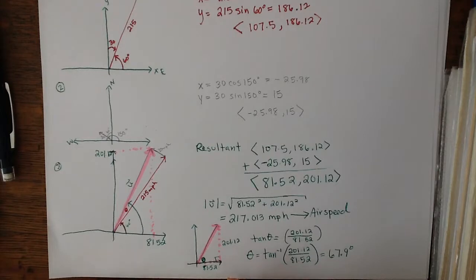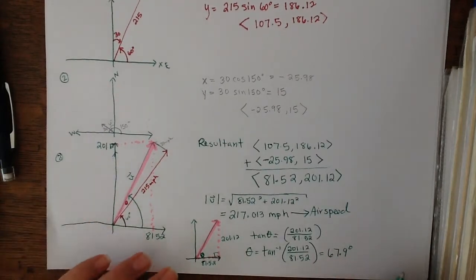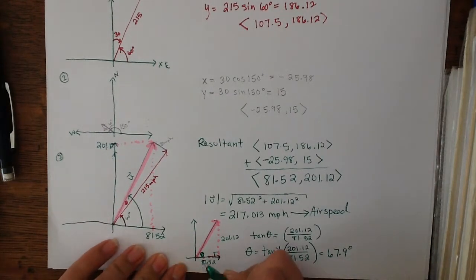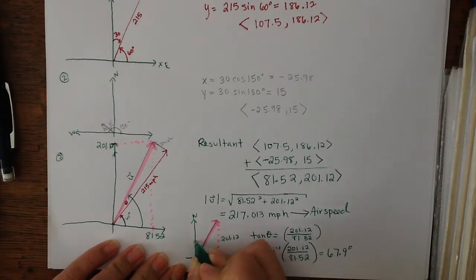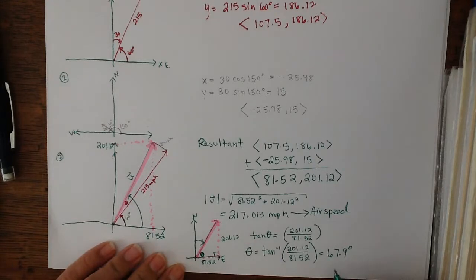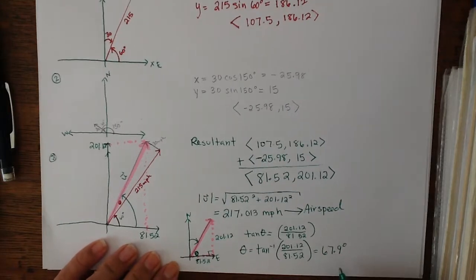It says, what are the direction angle from standard position and the airspeed? A lot of times we're asked to find the bearings also. The bearings would go from north rotating east, so that would be this angle in here. It's the complement of our angle from standard position, so I would take 90 minus 67.9.